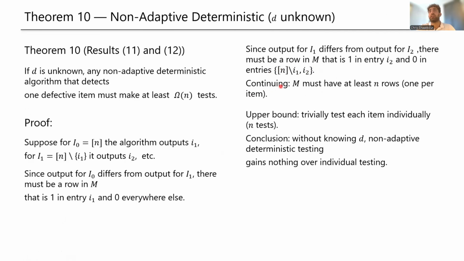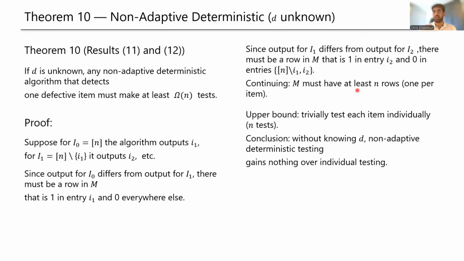So there must be n rows, and there must be 1 test per item, okay? So the upper bound trivially tests each item individually. So there's n tests. We need to run n tests to detect L defective items.